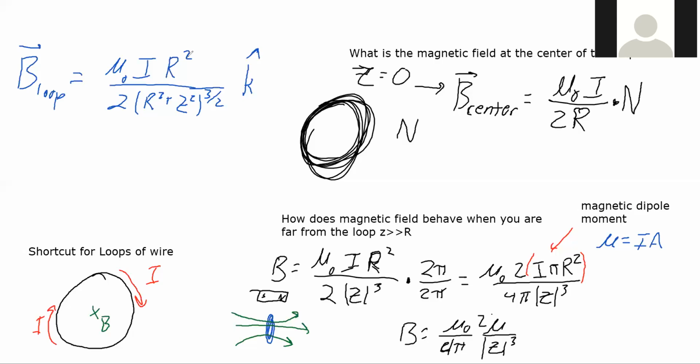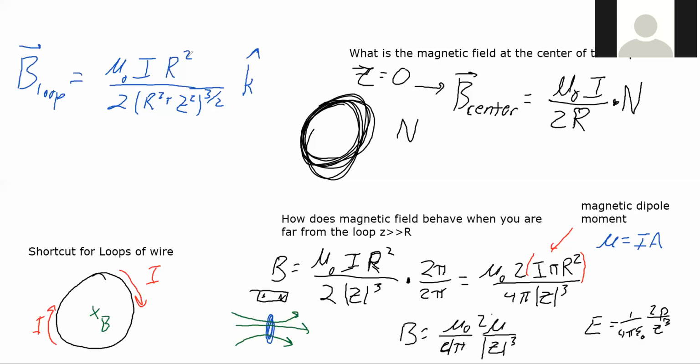This is 4. I simplified it, but it should be there. Which actually looks similar to something we saw for electric field. We saw the electric dipole a little while back. Electric dipole was this, 1 over 4 pi epsilon 0 times 2p over z cubed. So really similar to an electric dipole.